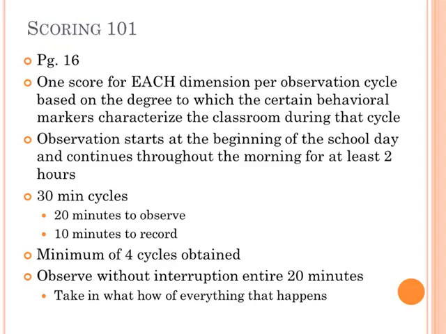Then you write down until 11, and you start observing again at 11. You observe until 11:20, and then you write down until 11:30. You observe from 11:30 to 11:50, write down until 12, and then you do it again.